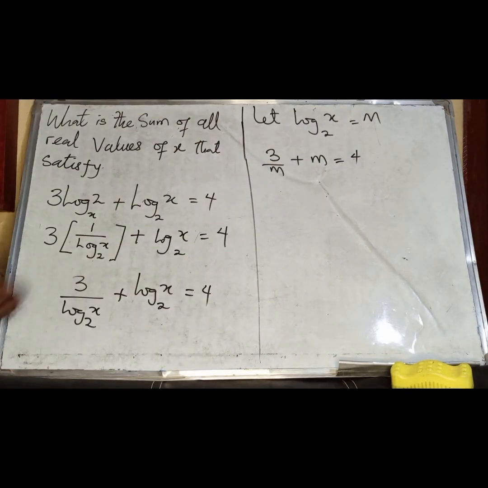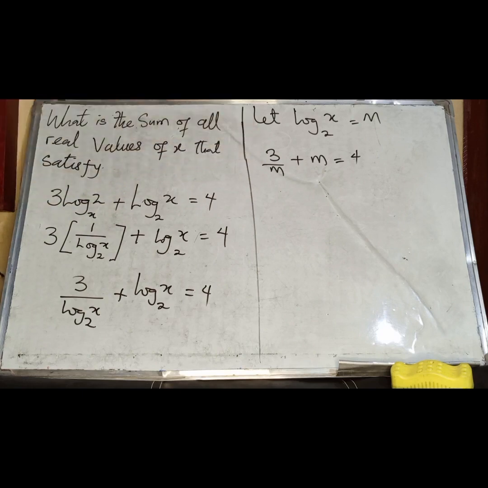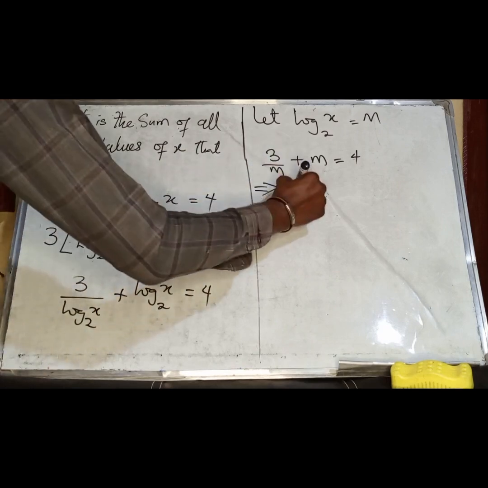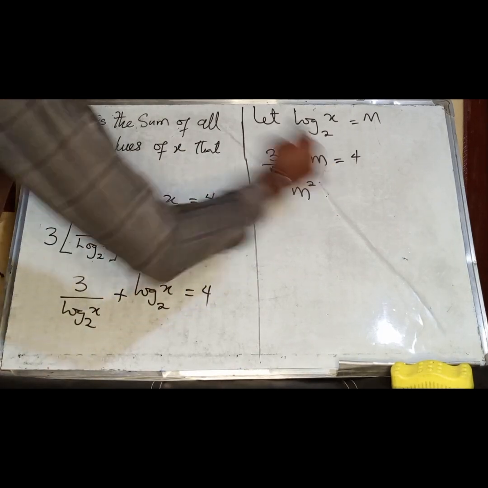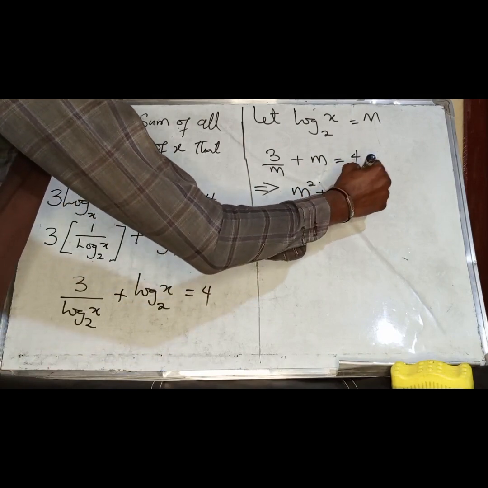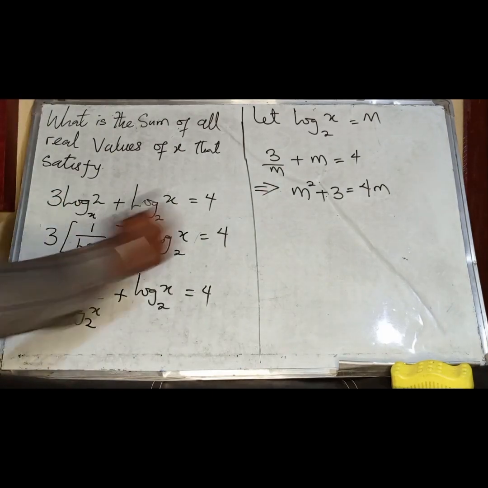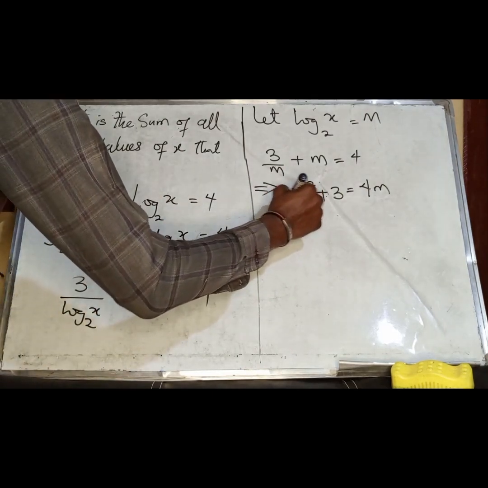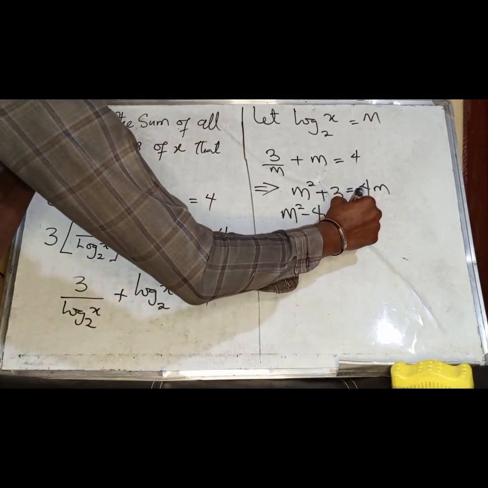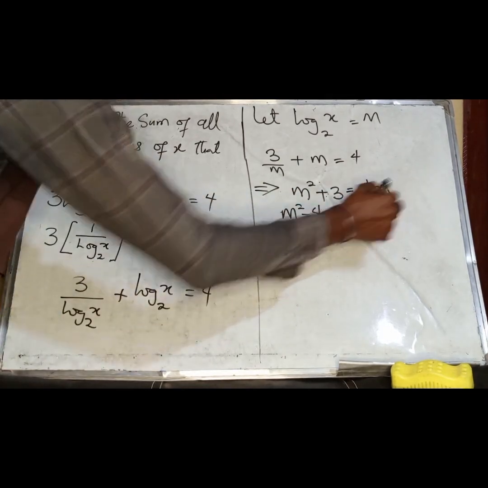Now if I try to make this equation linear, I'll end up having m squared plus 3 equal to 4m. So I can have it as m squared minus 4m plus 3 equals 0.